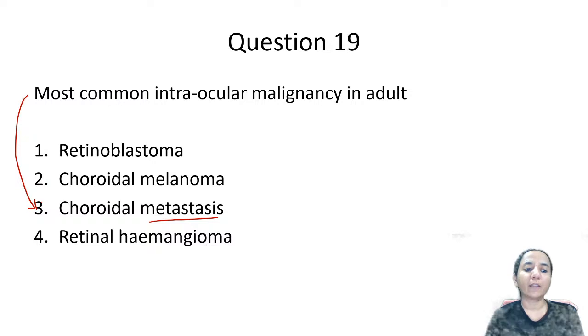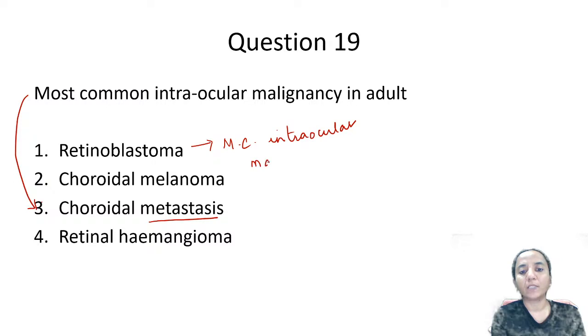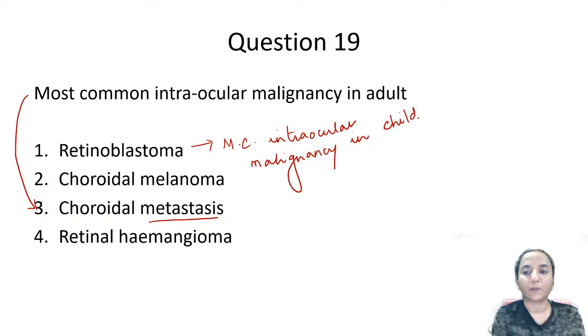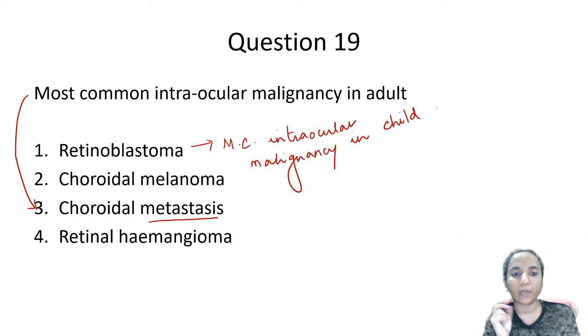And the most common intraocular malignancy in a child is retinoblastoma. See, this is ocular, inside the eye. So in an adult it is choroidal mets, and in a child it is retinoblastoma.